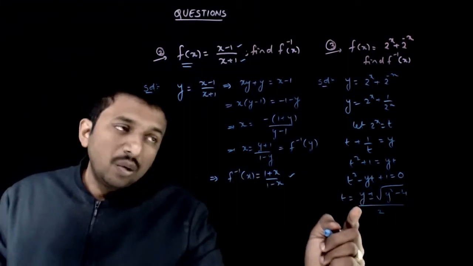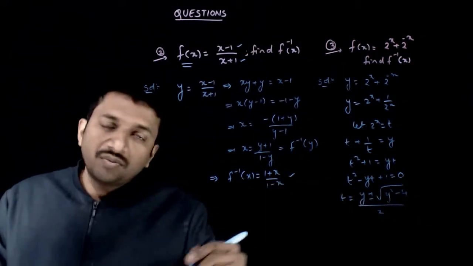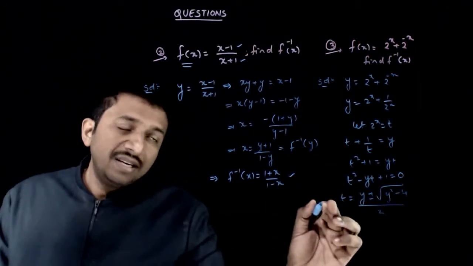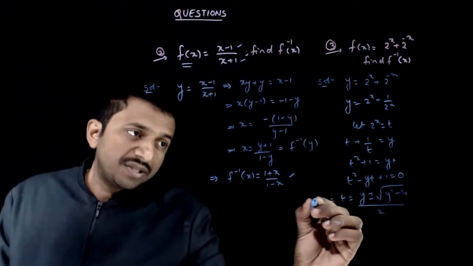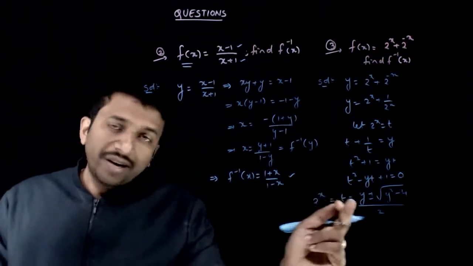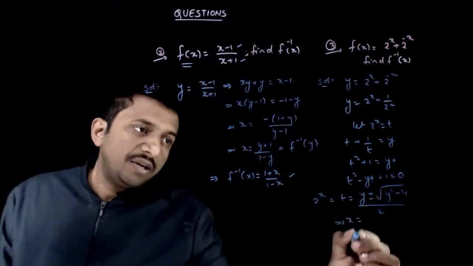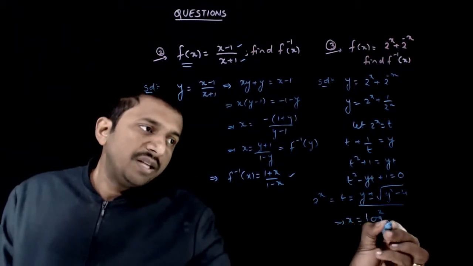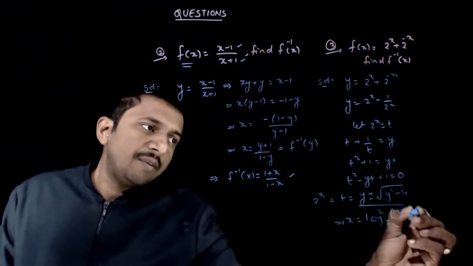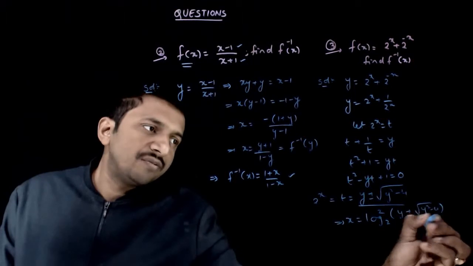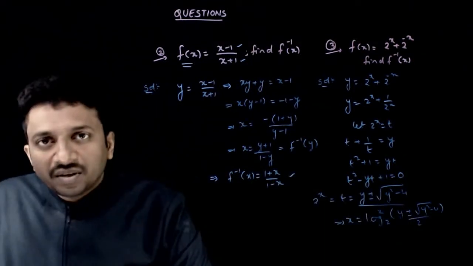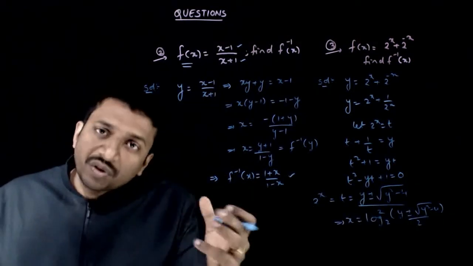So t is equal to y plus or minus root of y square minus 4 by 2. This implies t is nothing but 2 power x, so 2 power x is this. So x is equal to log to the base 2 of y plus or minus root of y square minus 4 by 2. And this is nothing but f inverse of y.